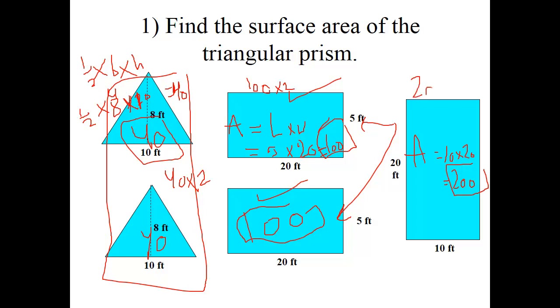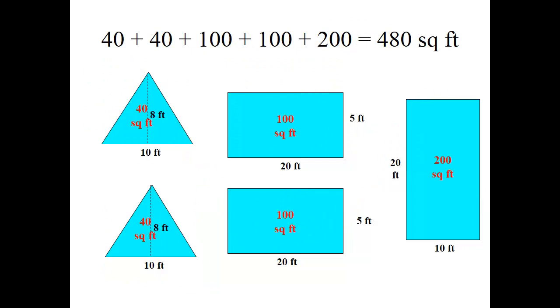So I'm going to find the sum of all areas of all faces. 200 plus 200 is 400, plus 80, so it's going to equal 480 square feet. So now I found the surface area of this triangular prism.